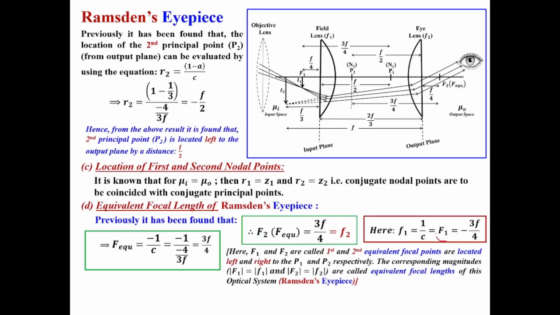So this capital F1, which will be evaluated using this equation, represents the first equivalent focal point located to the left of the first principal point, and its corresponding length will be called the first equivalent focal length.